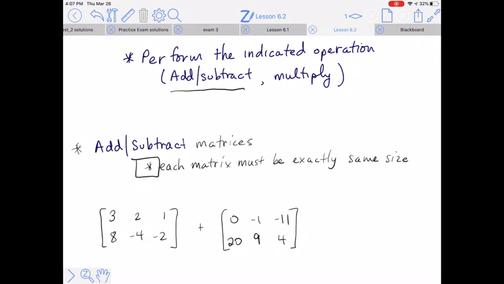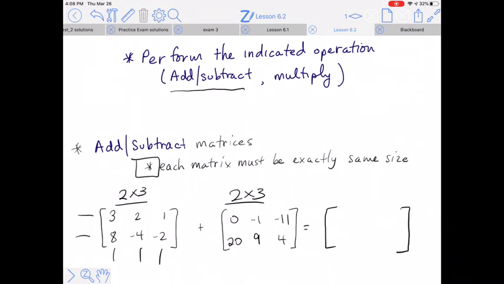So as an example here, I've got a 2 by 3 because it has 2 rows and 3 columns. And I've got another 2 by 3. So since these dimensions are exactly the same, I can add these two together. And the result is going to be another 2 by 3 matrix.